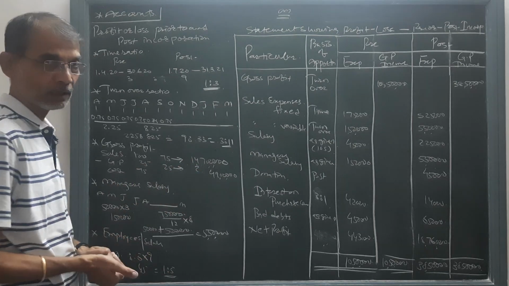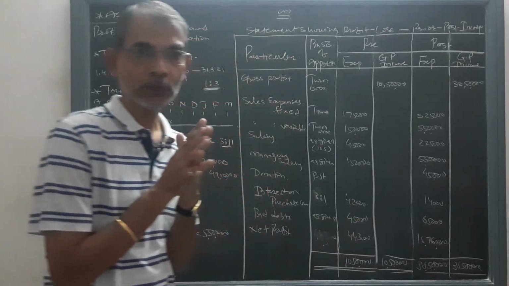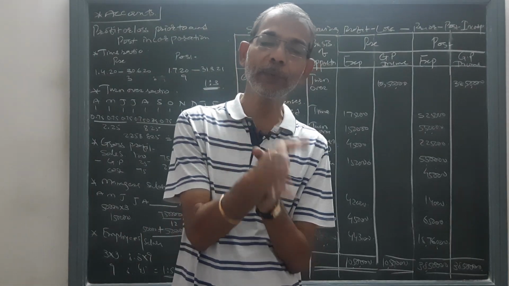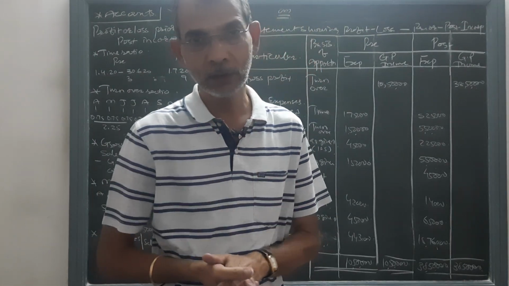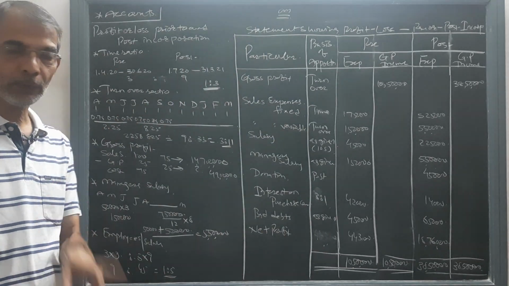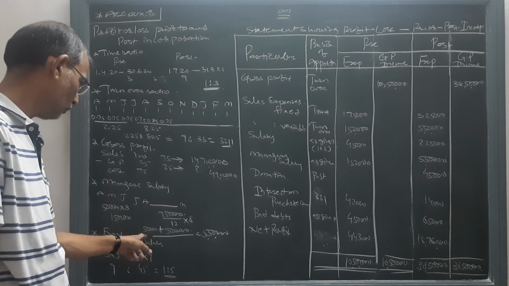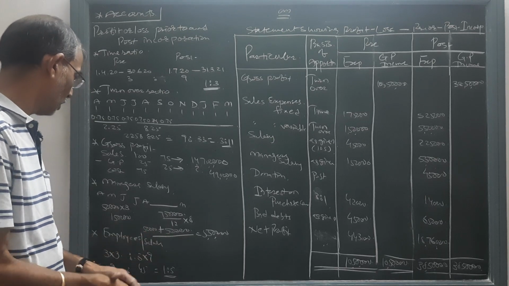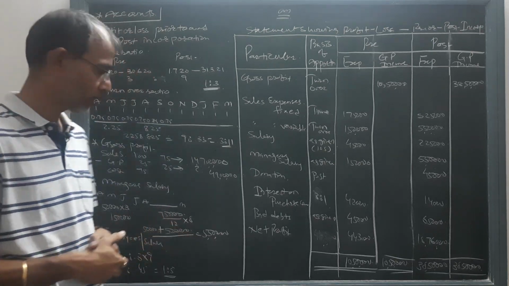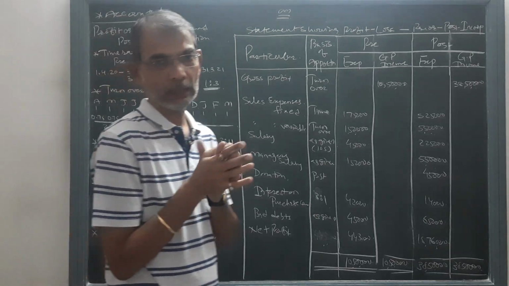Then after manager salary, manager was getting 50,000 for the first 4 months. Then after he received 7,50,000 for 12 months. That means for the 3 months he will receive 1,50,000, and for the remaining months 5,50,000.